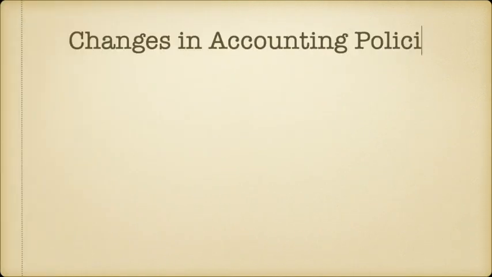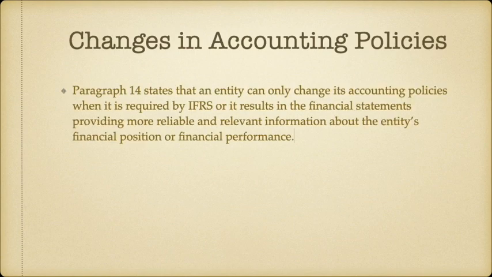Okay. Now, let's get into how to account for a change in accounting policy. Now, paragraph 14 states that an entity can only change its accounting policies when it is required by an IFRS, or if it results in the financial statements providing more reliable and relevant information about the entity's financial position or financial performance.